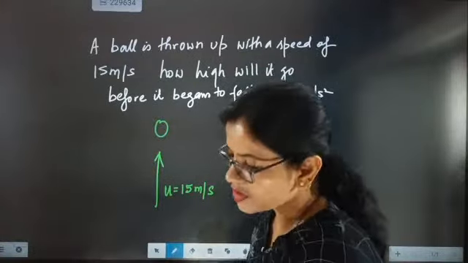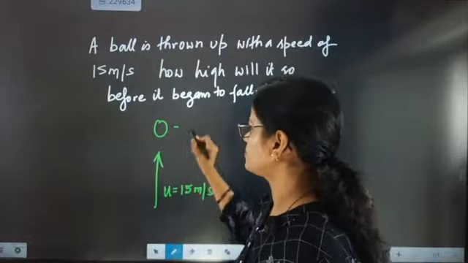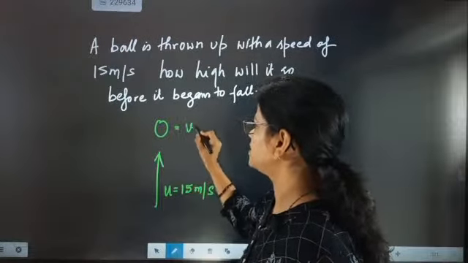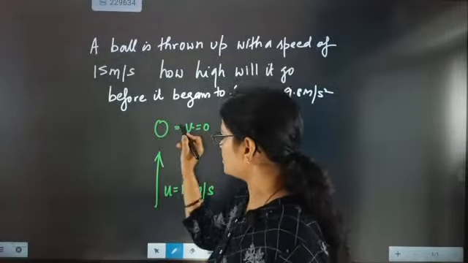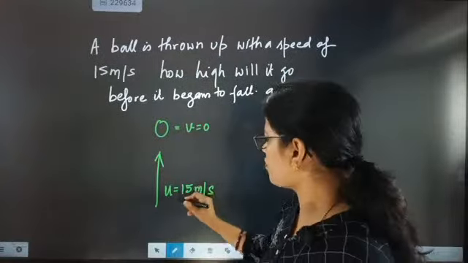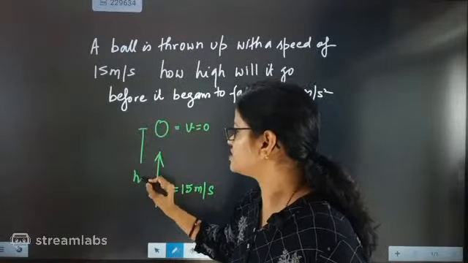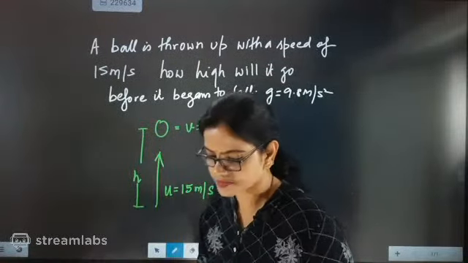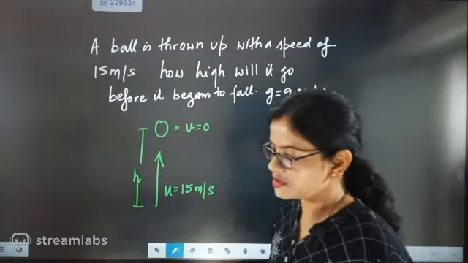Okay, but what is the problem here is it will go to a certain height and it will stop. So there the velocity will become 0. From the point where it started its journey to the point where the velocity becomes 0, the total distance is taken as h.